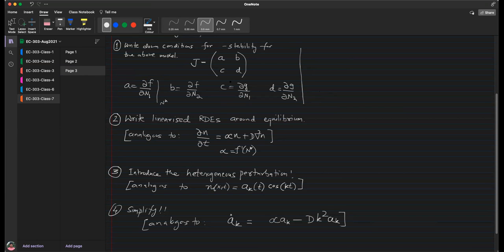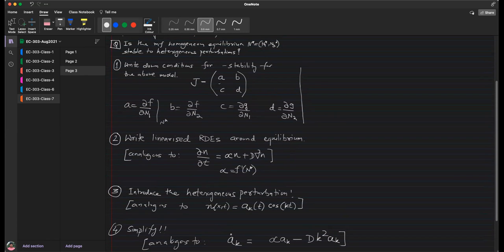As I told you last time, once you have a Jacobian matrix, the condition for the stability of the equilibrium is that both the eigenvalues are less than 0. The trace of a matrix is the summation of eigenvalues, and since both eigenvalues are less than 0, the trace must be less than 0. This is condition number 1.